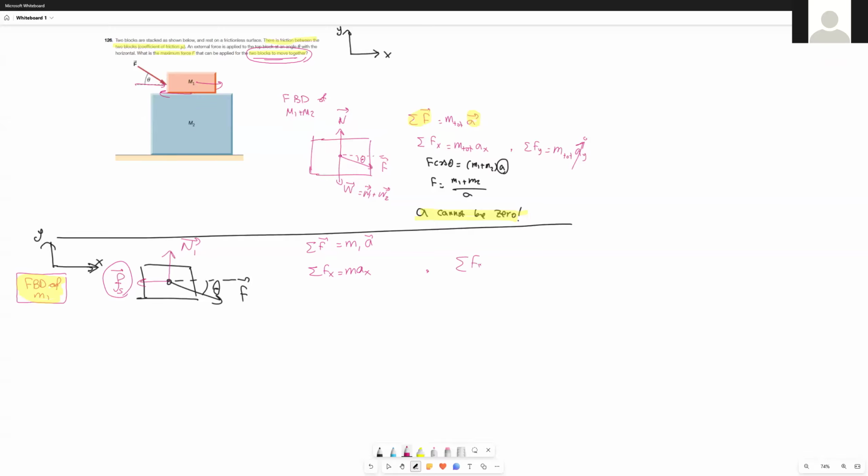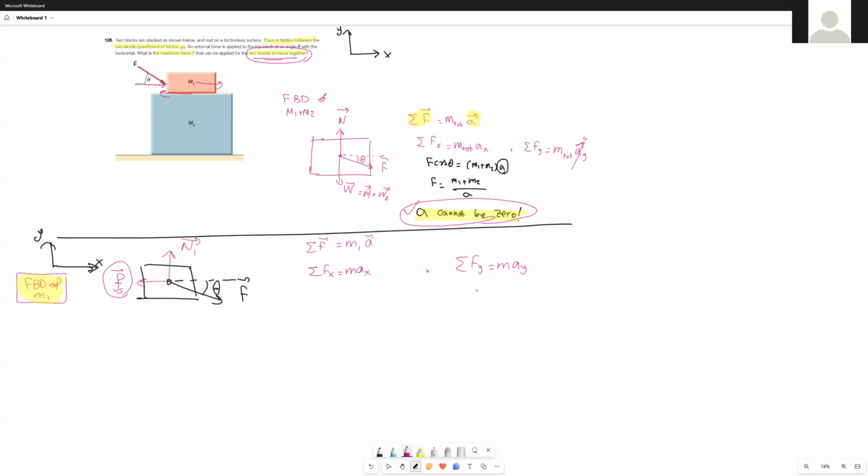And sigma Fy is going to be equal to MAy. There is another reason that A cannot be zero. If you look at the free body diagram of the whole system, there is going to be a net force on the x-axis. You will see this on the free body diagram of M2 as well.